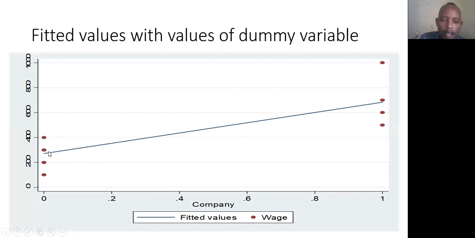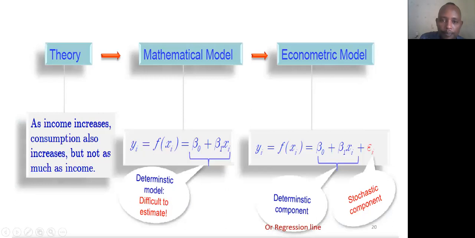This shows us the regression line with the dummy variable, 0 values here, and the average value of the wage with the dummy variable around 0, and the average value at 1 of company. When the company becomes 1, if it is a private company rather than government, the average value of wage becomes here. When we connect these points, it gives us a line, and that is the regression line.